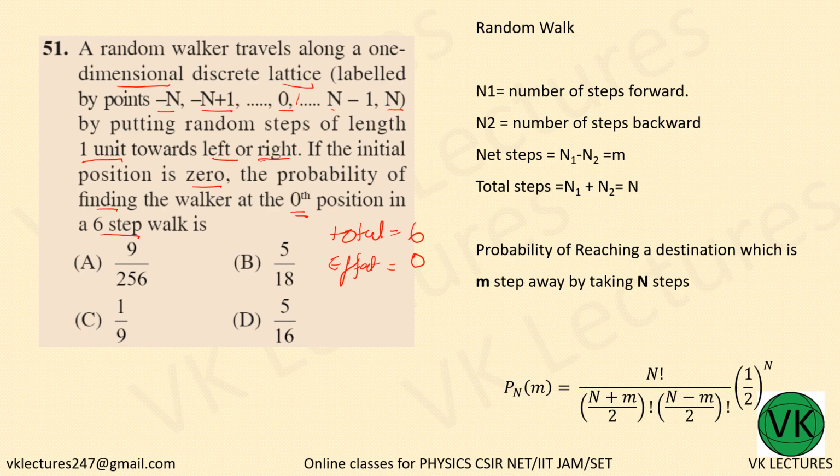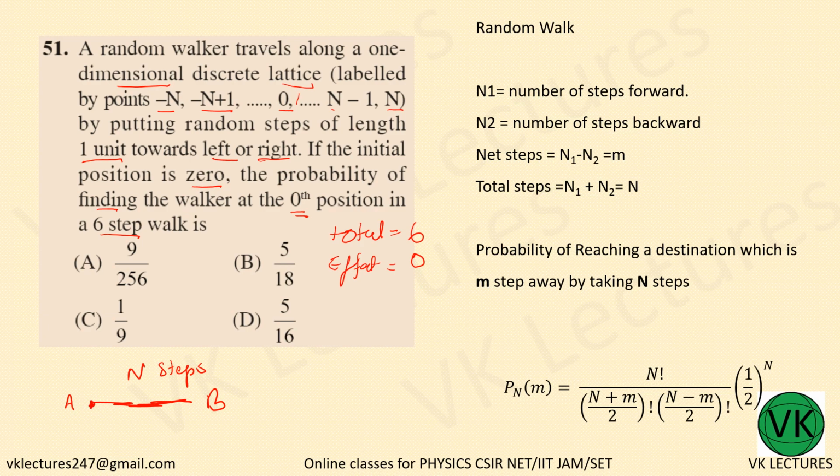Now what it is telling is, a person is standing at A, the random walker. He is taking some steps back and forth, towards the positive direction and negative direction, or towards left or right. Then after taking n steps forward and backward, he is in the same position, the 0th position.